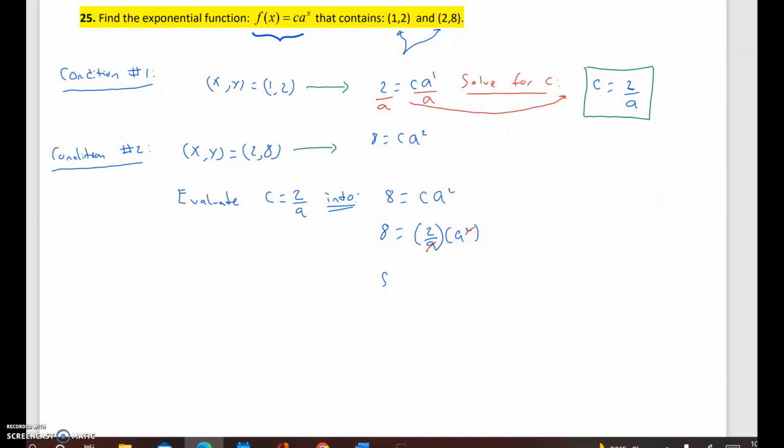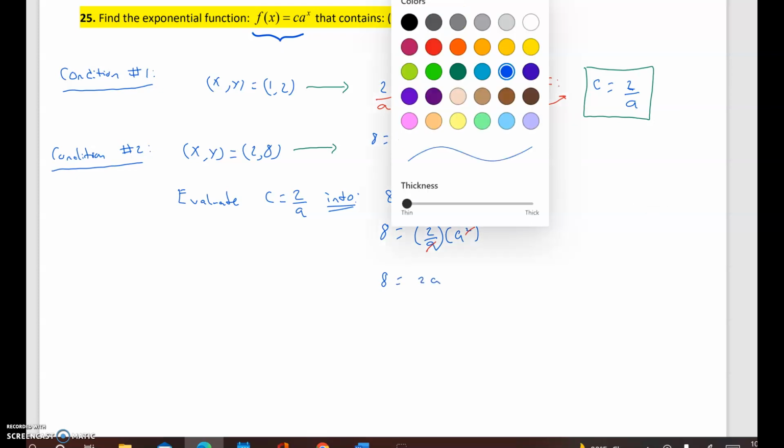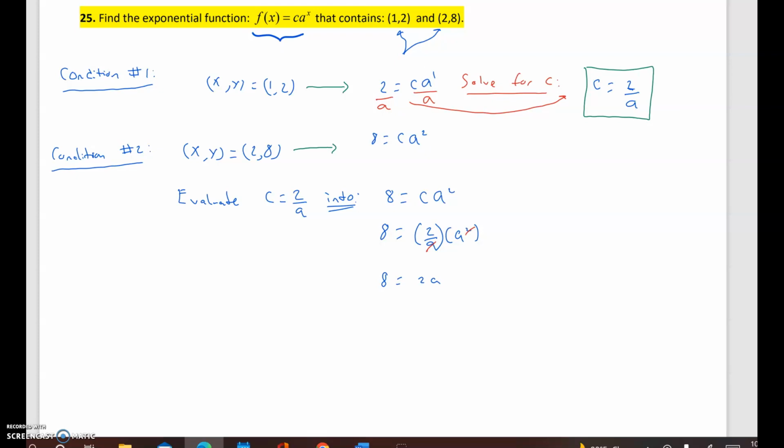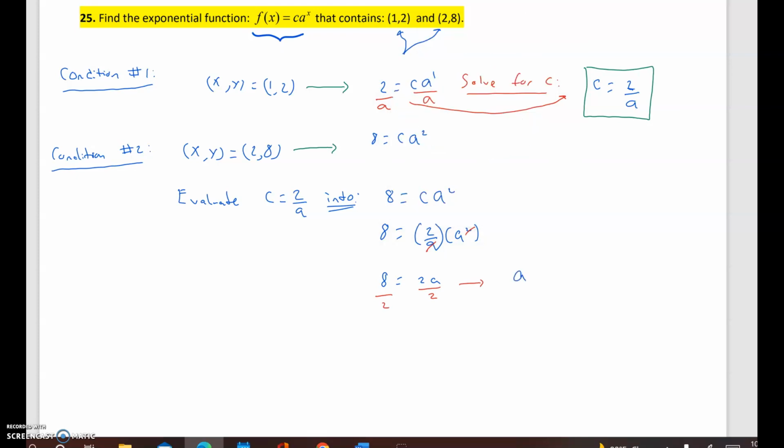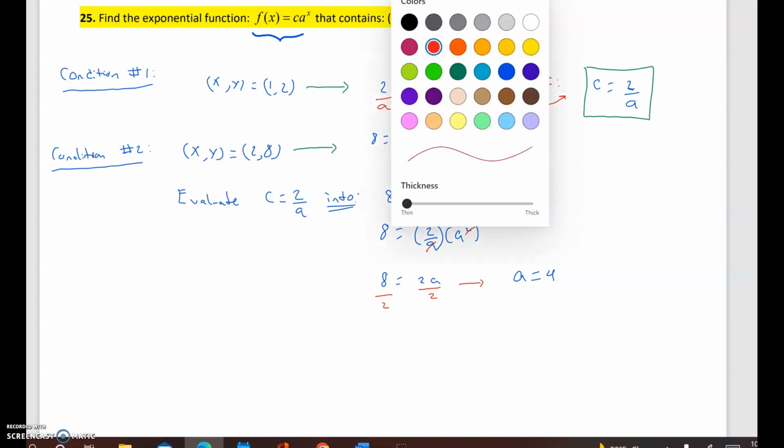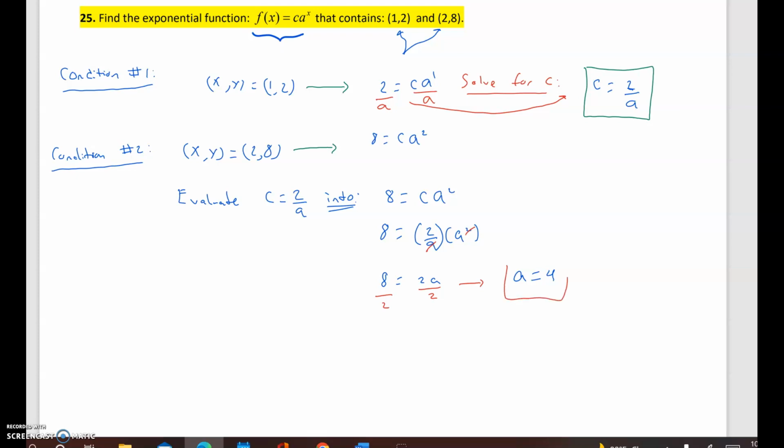Then we're looking at 8 is equal to 2a. We can now divide by 2 and end up with a is equal to 4. This is, in fact, one of our solutions.